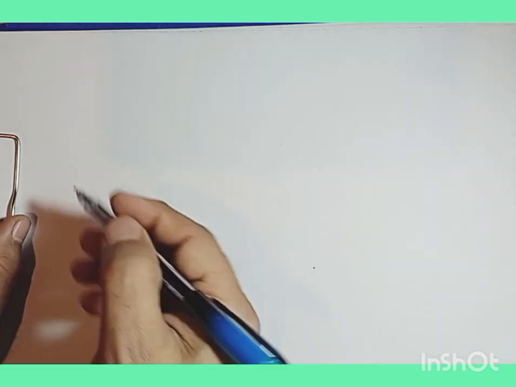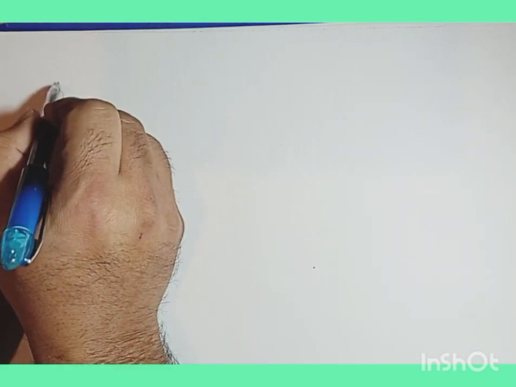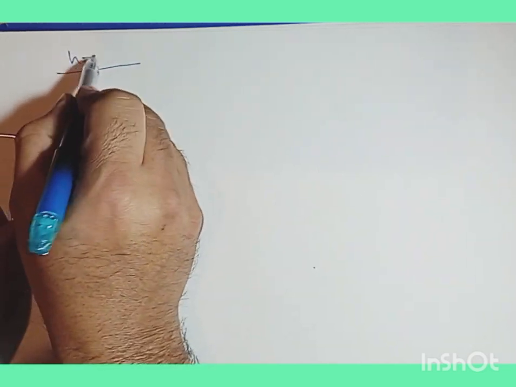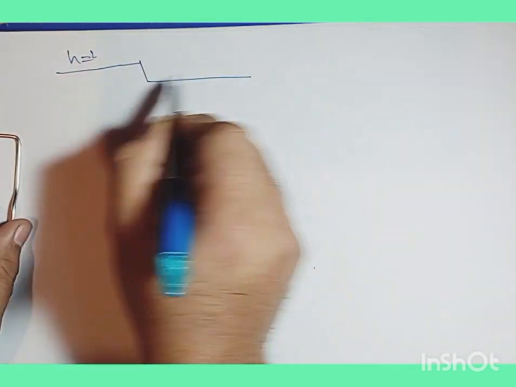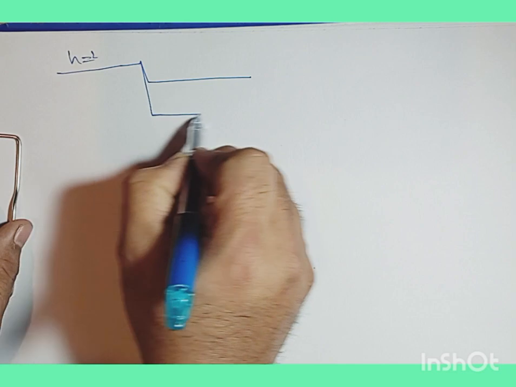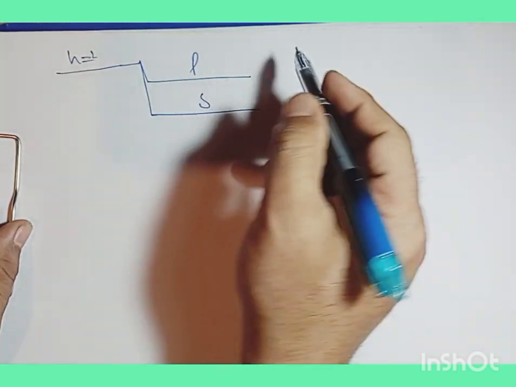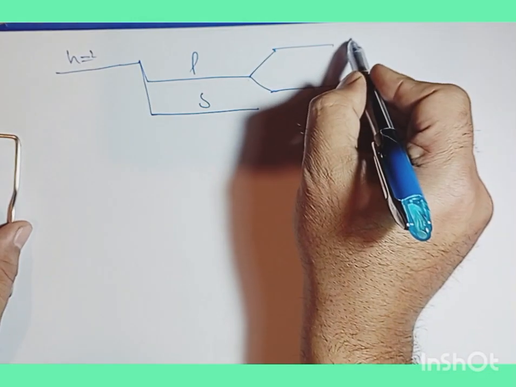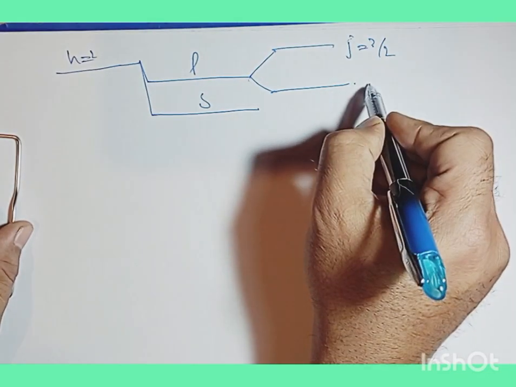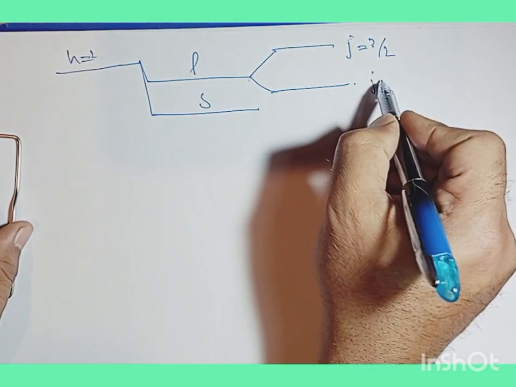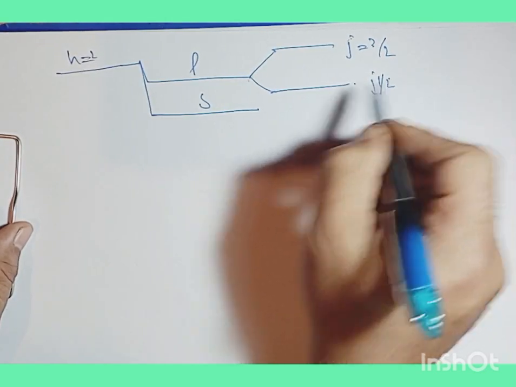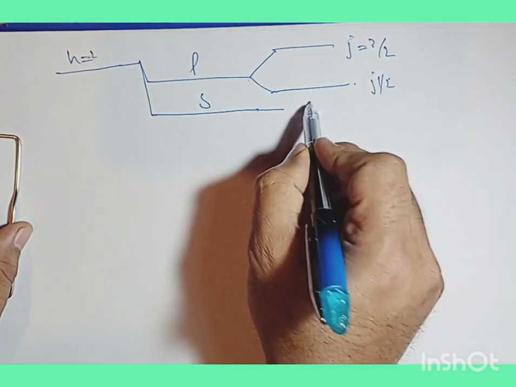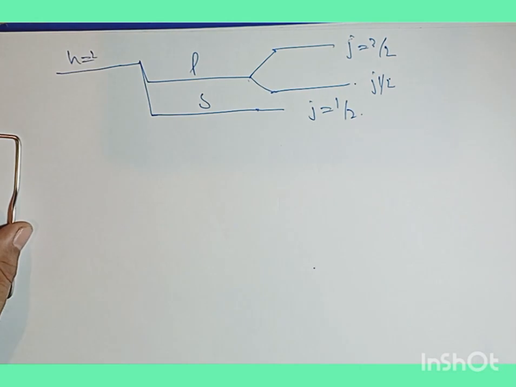Now, if I take the n equal to 2 state again, we have P and we have S. So this is P and this is S, and this P splits for the n equal to 2 state. For this J is 3/2, and for this J is 1/2, and for S, J is simply 1/2.